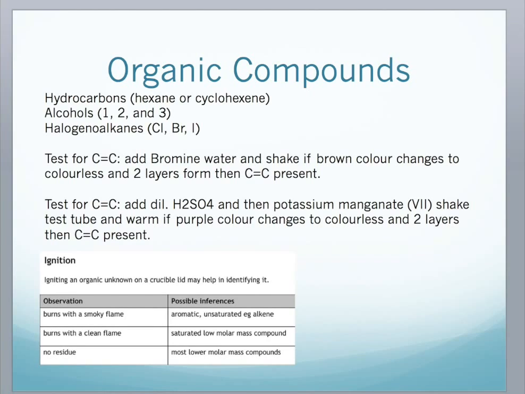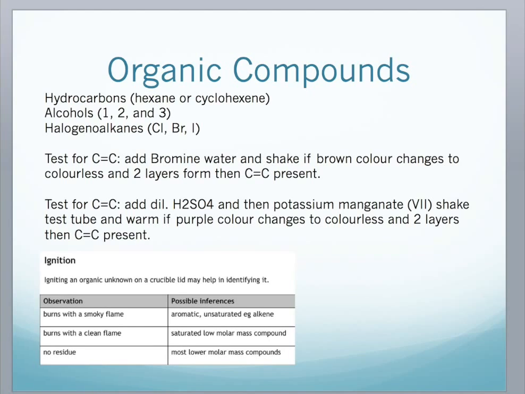You can also test for a double bond with the addition of dilute sulfuric acid followed by potassium manganate(VII). Again, you would shake the test tube and warm. The purple color should go to colorless, which again confirms that you have a carbon-carbon double bond. You might be asked to carry out a combustion.